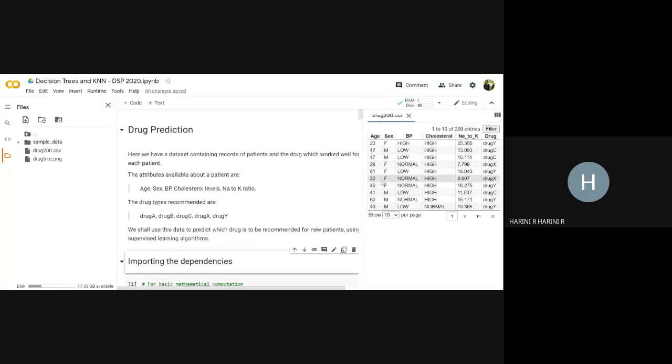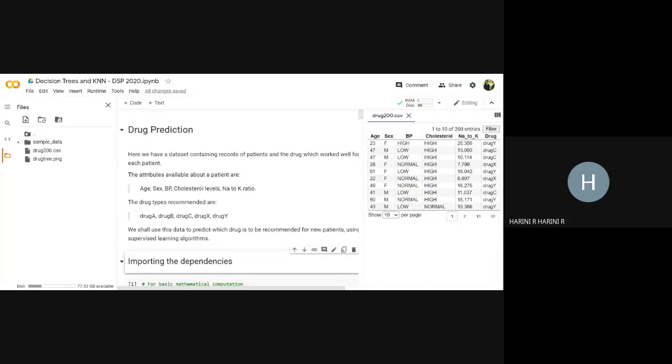Each record is of this form: the age of the patient, the sex of the patient, the blood pressure, not as a number, but whether it's high, low, or normal, the cholesterol level, whether it's high or normal, and the sodium to potassium level. So these are the features about the patient. And this last column is what we call the target column. This is the drug which has been recommended for the patient and it has worked well for them.